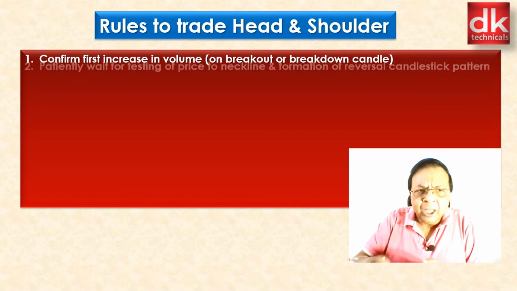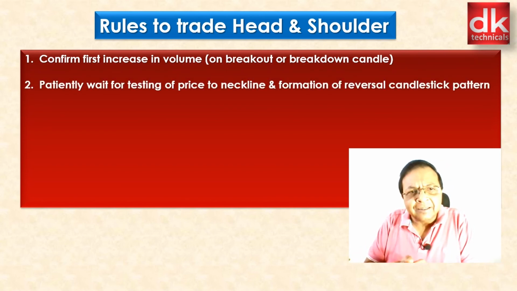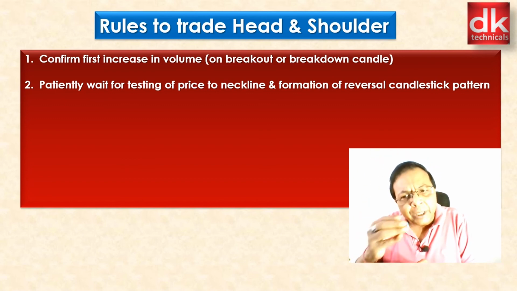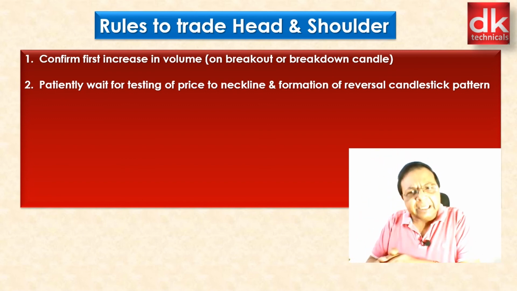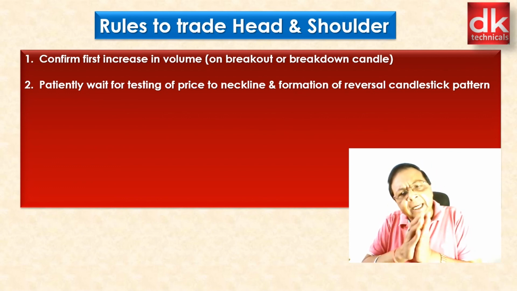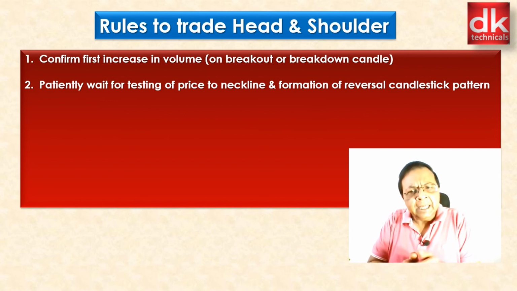And then friends, rule number 2 is that we should wait for testing of the neckline after the breakout has taken place, which is a much safer trade than trading straight away on the breakout. However, the choice is left to you, because many a time it doesn't test back also. So at that time you may realize that this is a lost opportunity. So I am sharing what I do.